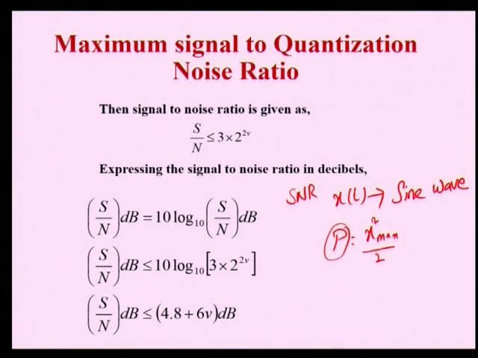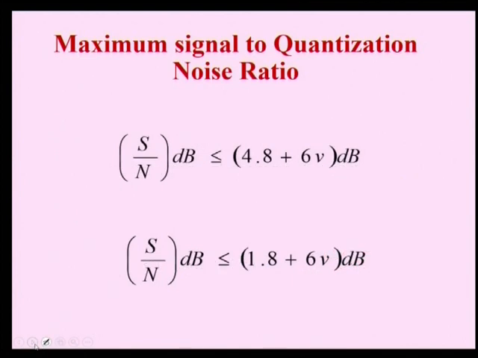If you substitute this signal power for a sinusoidal wave in the general expression, here we will have 3 into 2 power 2 into p, and for the normalized case we will get 3 into 2 power 2B by 2. So, this will be the SNR for a sinusoidal signal, and if you take the logarithmic value of this, then the signal to noise ratio will be 1.8 plus 6B. So, this is expressed in decibels. v is the number of bits.